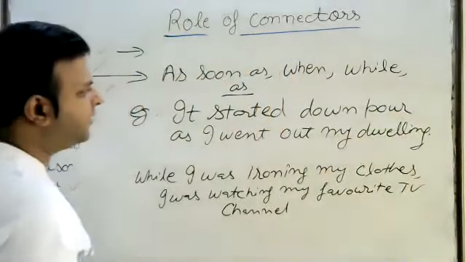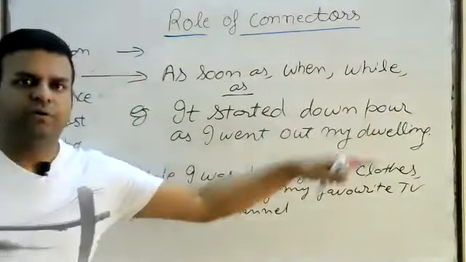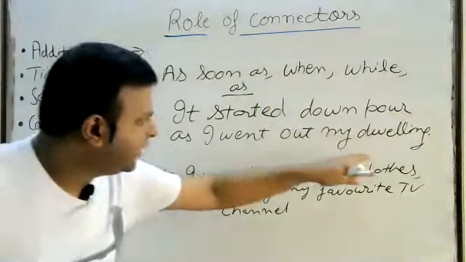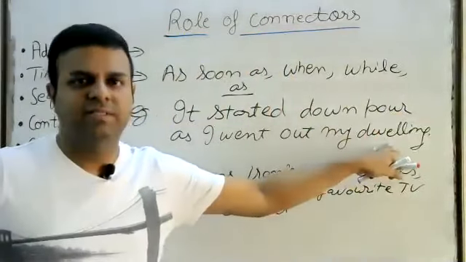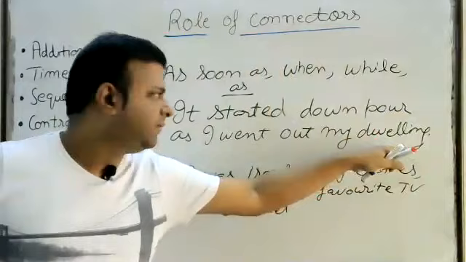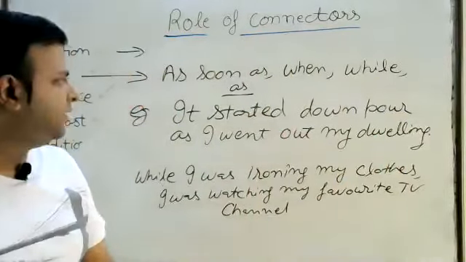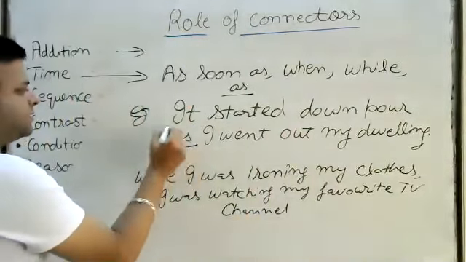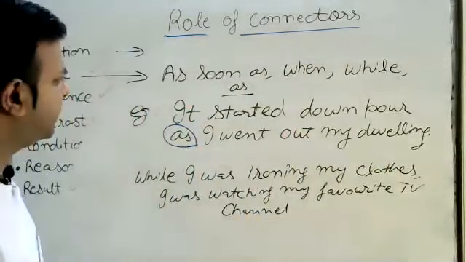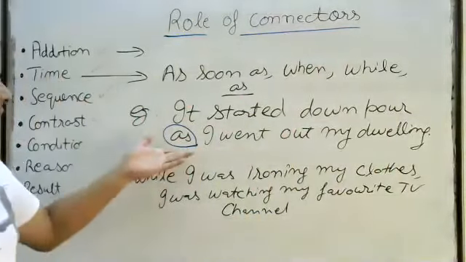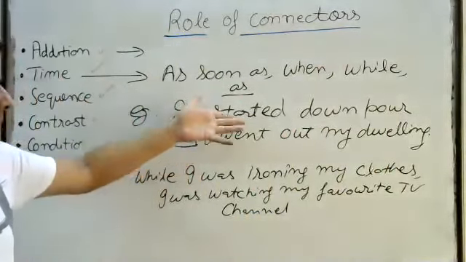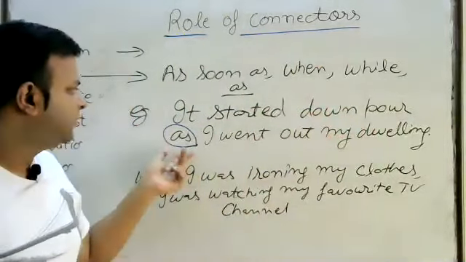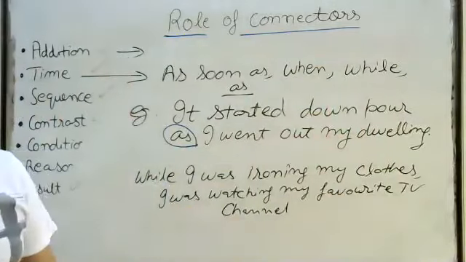Downpour means heavy rainfall. It's starting to rain. Dwelling means residence, so your home. So it started downpour as I went out of my dwelling. So time. What happened? It started to rain when I went out of my dwelling, okay?